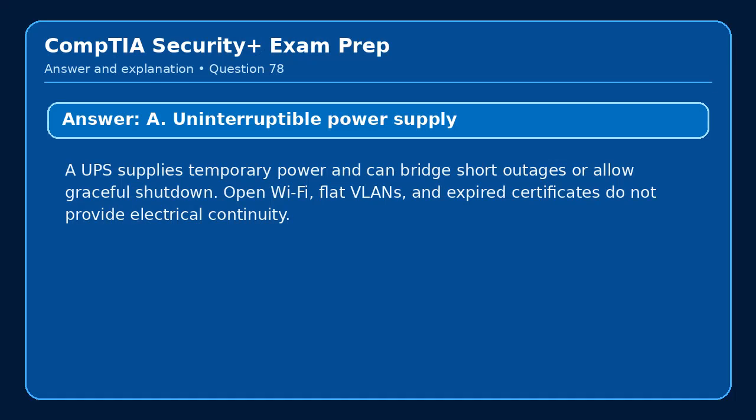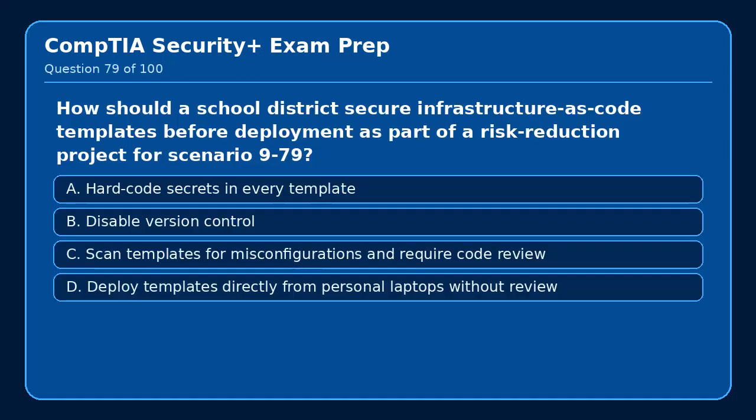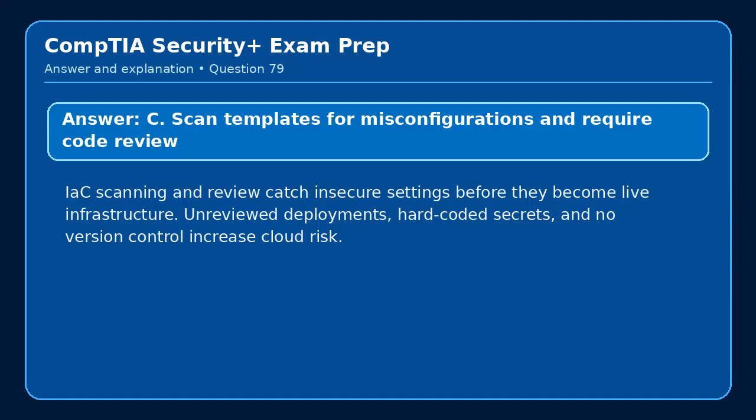D. The provider secures the underlying cloud, while the customer secures configured workloads and data. Take a moment to choose your answer. The answer is D. The provider secures the underlying cloud, while the customer secures configured workloads and data. Shared responsibility divides duties between the cloud provider and the customer based on service model. Passwords, physical facilities, and identity controls cannot be ignored or assigned incorrectly.